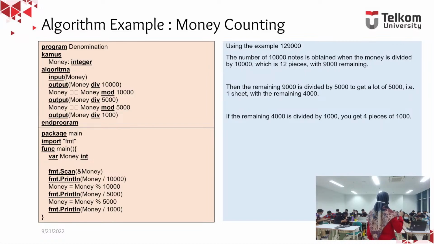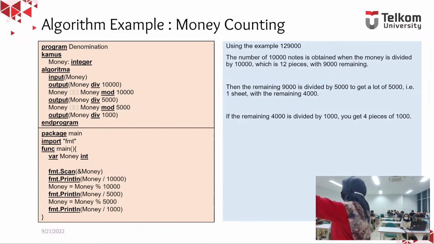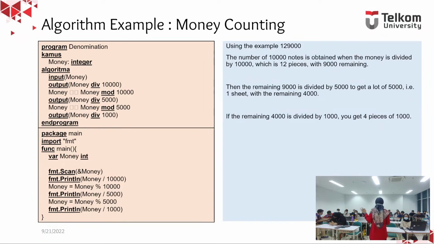You have to remember that you need to define the input. What is the input? Here, for example, we use a variable named money, and the data type is integer. Usually, in a question, the data type is already specified. But if it's not specified, you can make your own assumption for an easier solution.